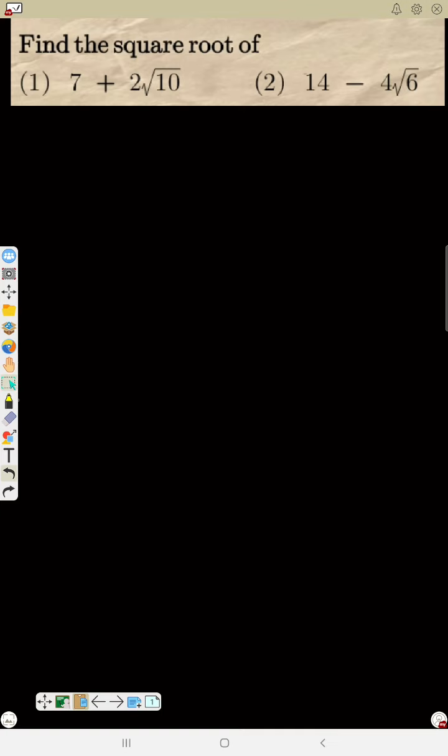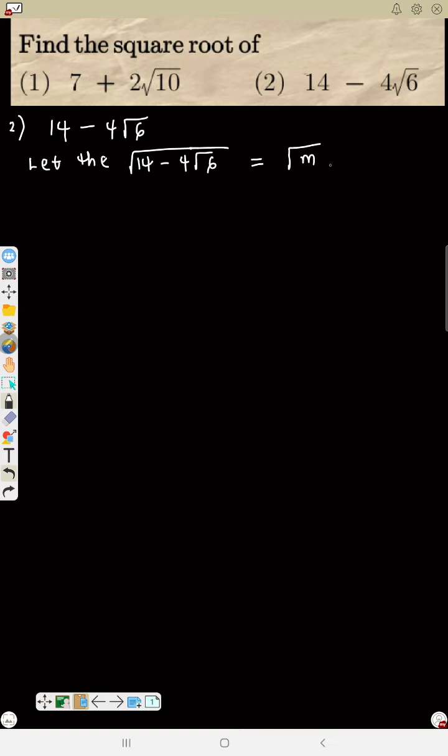Now let's see the number 2. We have 14 minus 4 root 6. Now using the normal approach, we will say let the square root of 14 minus 4 root 6 be equal to root m minus root n.